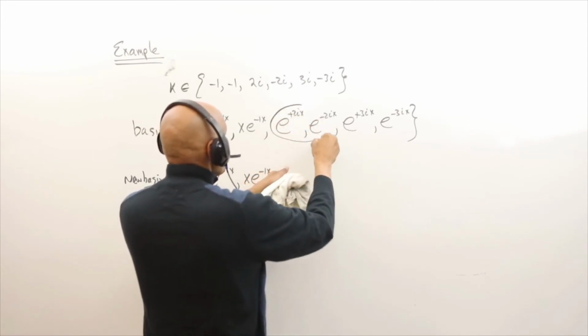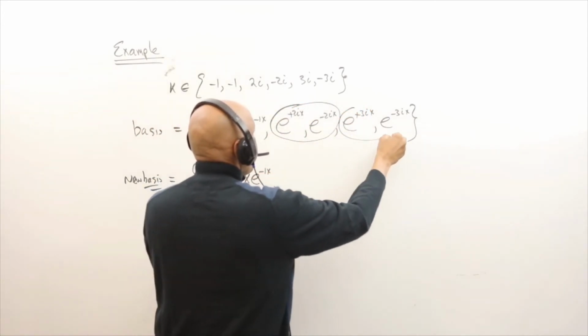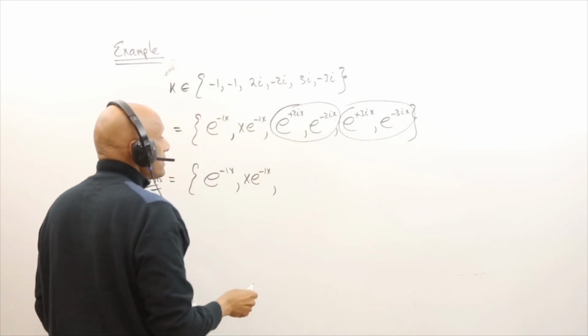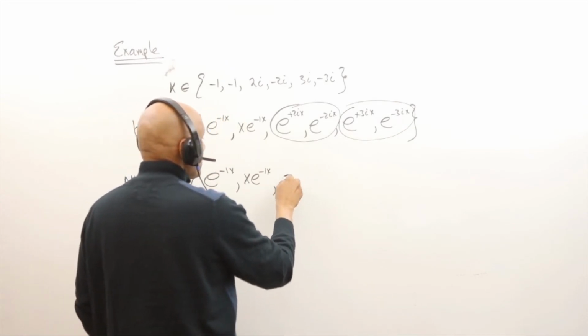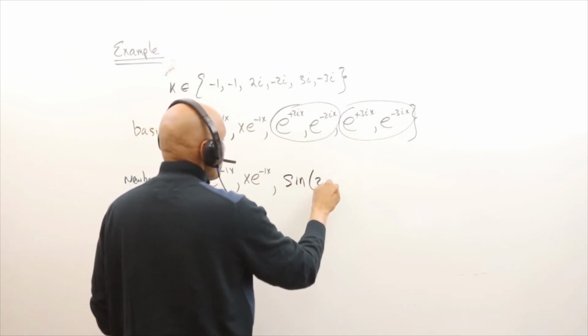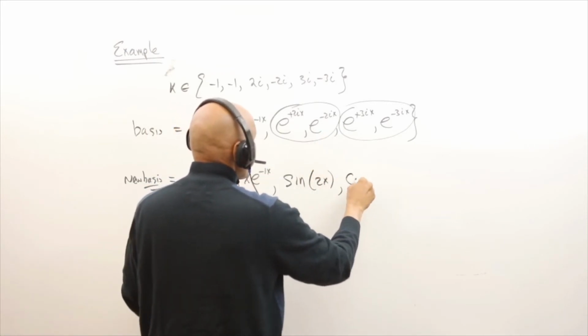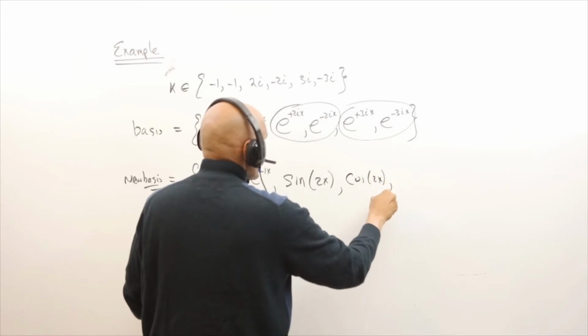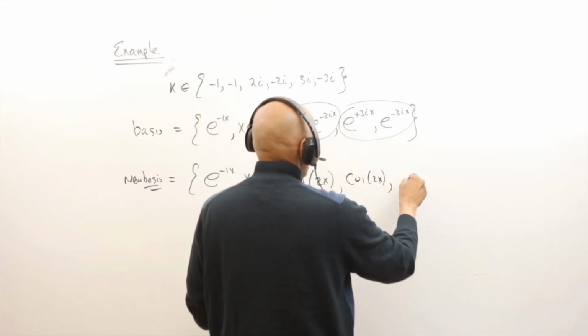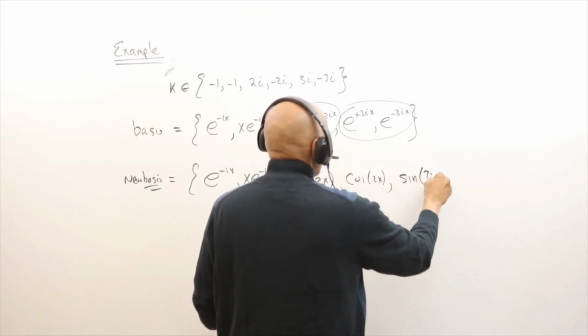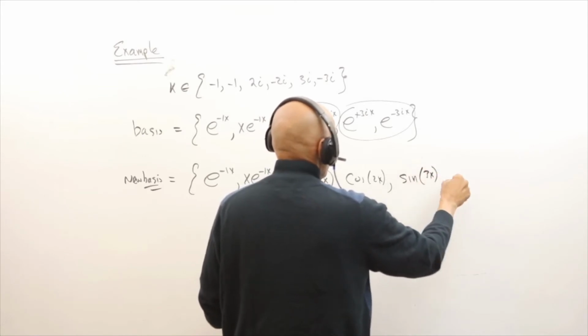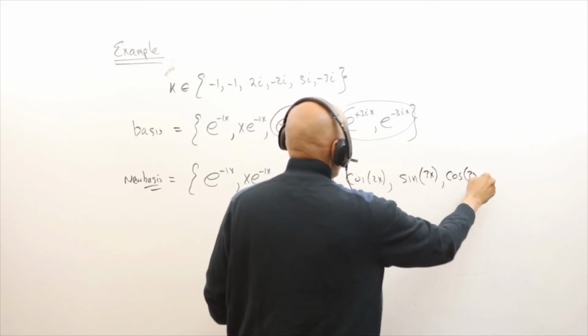Here's our first conjugate pair, and I'm going to replace it instead with sines and cosines: sine of 2x and cosine of 2x. The next conjugate pair is going to be sine of 3x and cosine of 3x.